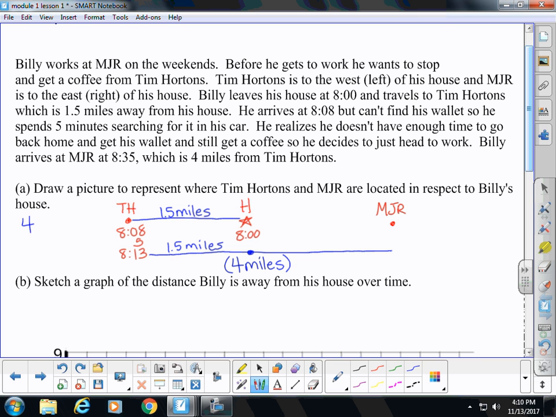So I'm going to take my 4 miles and subtract 1.5 miles to figure out how far it is from his house, because then he'll be going away from his house again. And that's 2.5 miles. Okay, so there's another 2.5 miles here. And that's going away from his house. So 1.5 and 2.5 does add up to 4. Okay, continuing with the story, what time does he end up at MJR? 8:35.